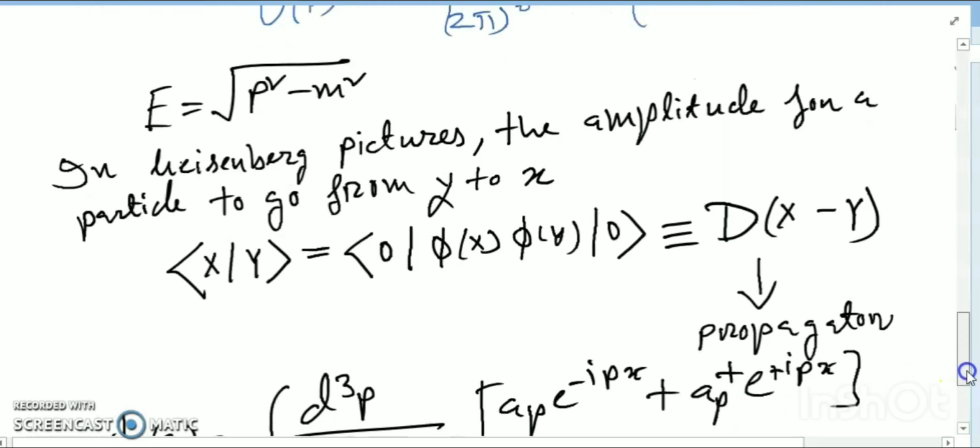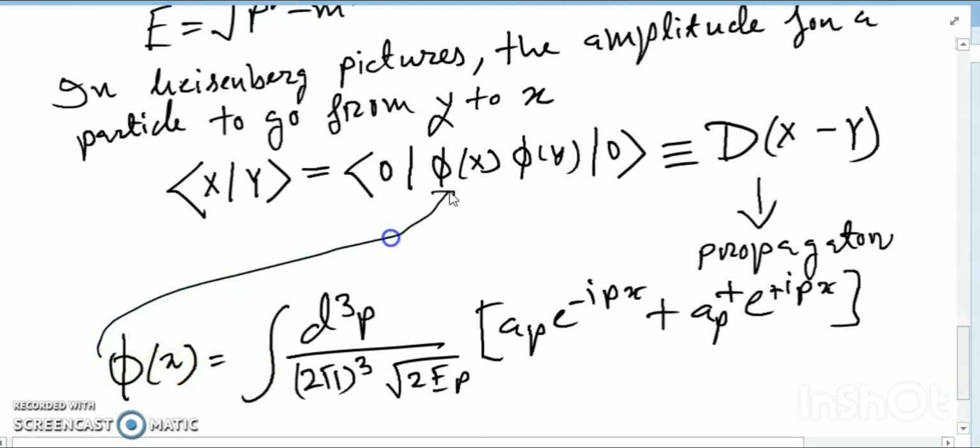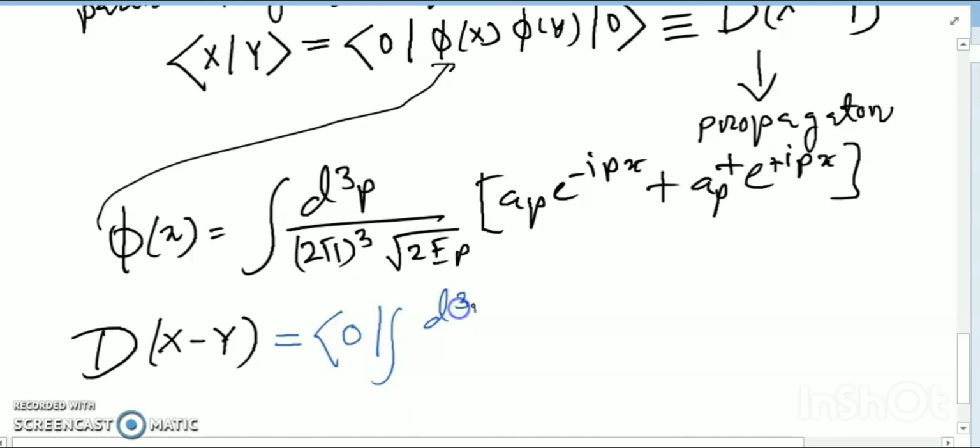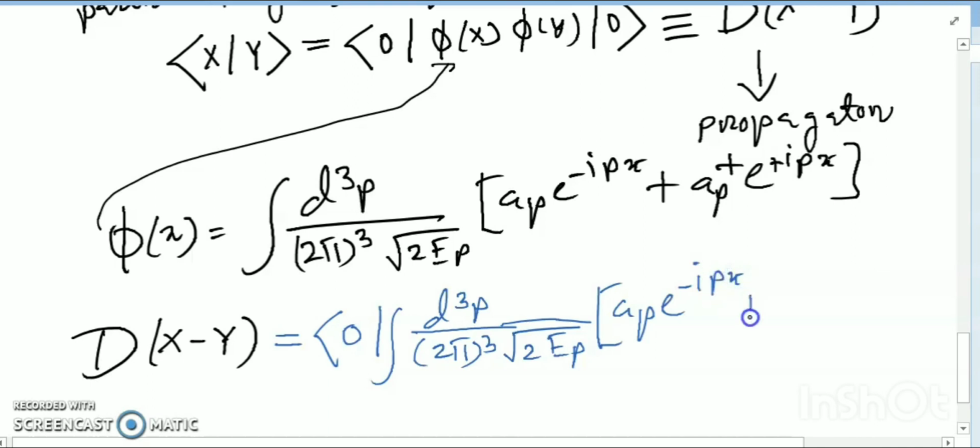Write that: the amplitude of x minus y equals the vacuum expectation value of the integral d^3p over (2π)^3 times 1 over the square root of 2E_p, times a_p e^{-ipx} plus a_p dagger e^{ipx}, and this is a very large equation, so it is going to be very large.